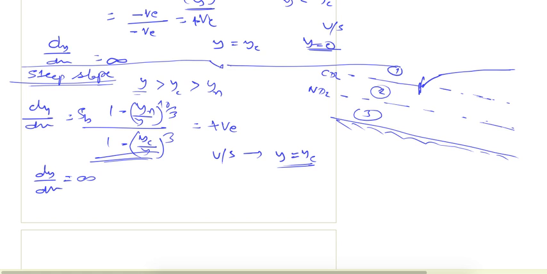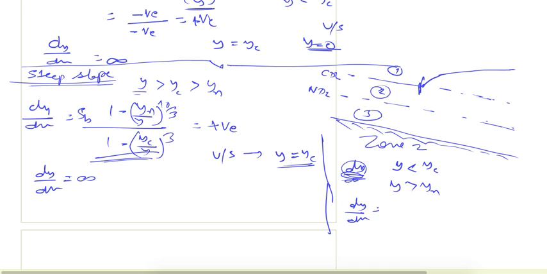And if I say in zone 2, from the dy/dx formula we can see what will be the case. Y is less than yc, y is greater than yn. When y is greater than yn, this ratio here will be positive because this value is greater than this.